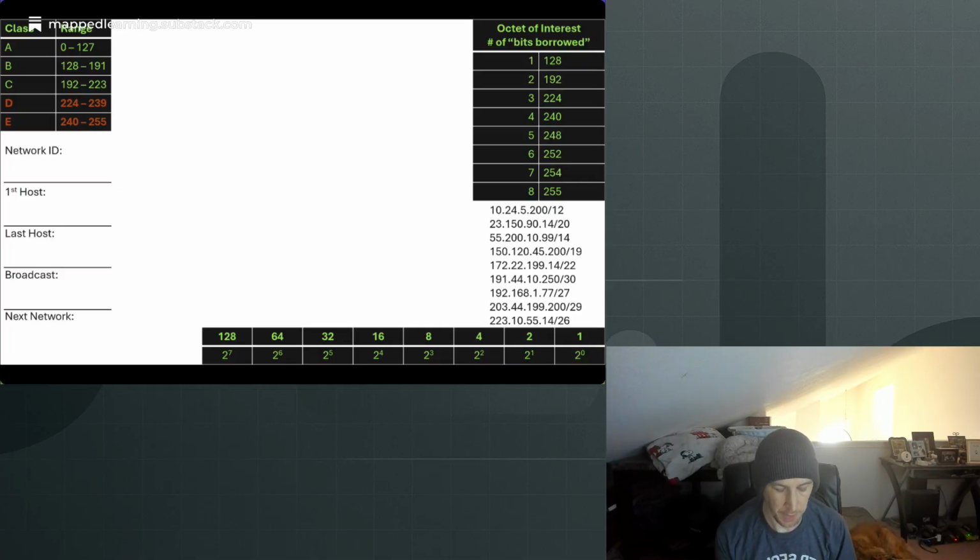On the top right, I have the octet of interest table with the number of bits borrowed and what the new subnet mask is in the octet of interest. Below that, I have 9 example IP addresses. How did I get that?